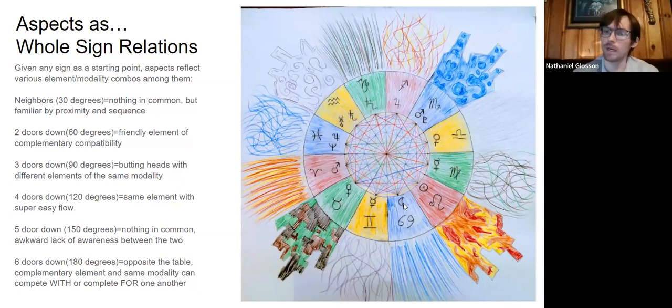Three doors down, we're butting heads from Cancer, with Libra or with Aries. These are two yang elements, fire and air, and Cancer is yin. They're all cardinal, so they all want to start things. Cancer wants to start getting comfortable and securing things on the home front, whereas Libra wants to start going out and socializing and initiating relationships.